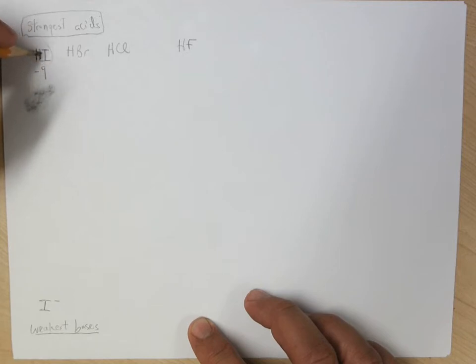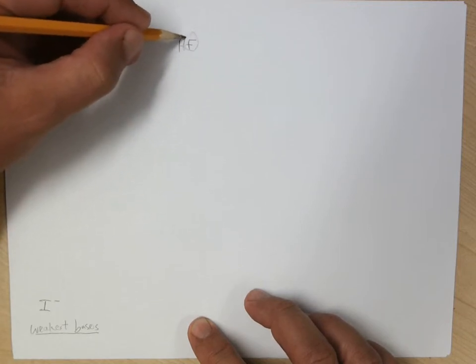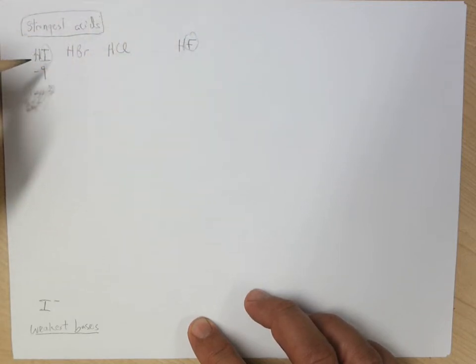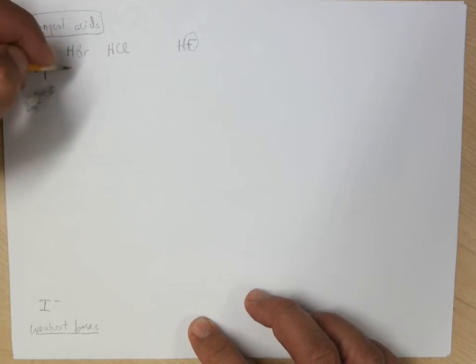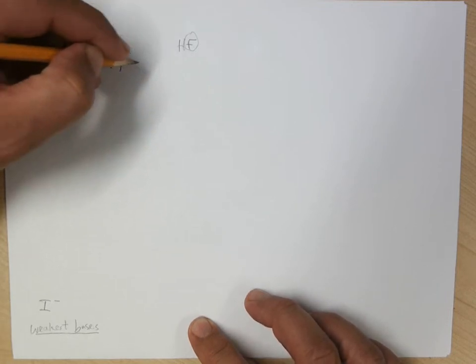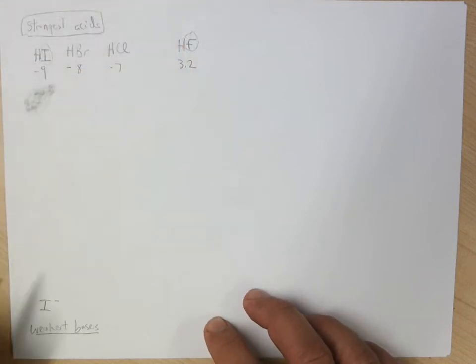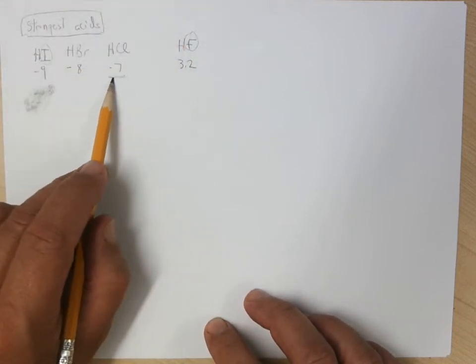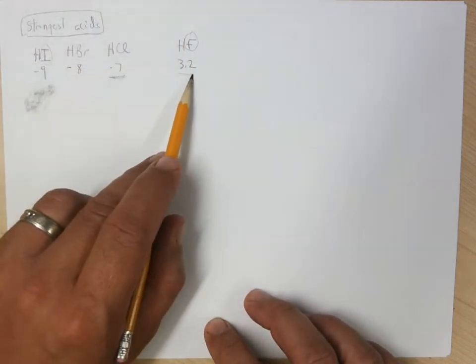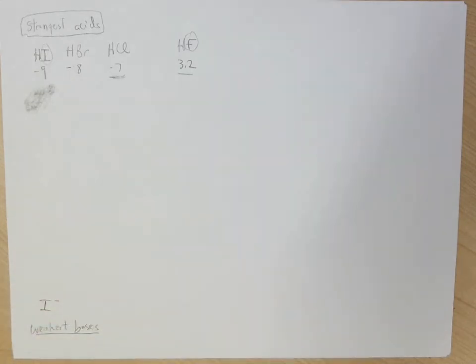As we go from the very large iodine to the very small fluorine, you are going to decrease the acidity. Especially the difference in size between row 3 in the periodic table and row 2 is substantial.